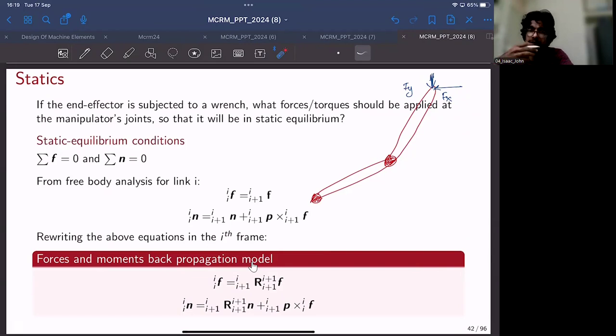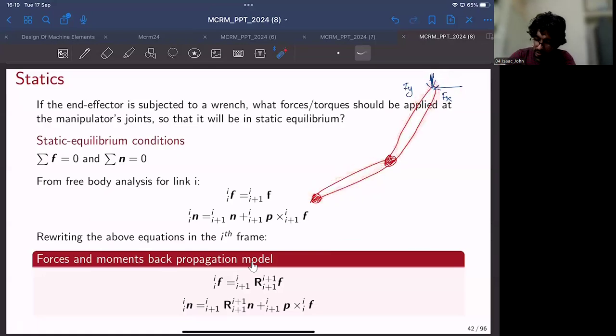And here the force propagation and the moment propagation are in the opposite direction, from the end effector frame all the way to the base frame. Because this is where you apply force, you need to successively find the forces at this joint and at this joint. Due to that, the propagation of the forces and moments will be in the opposite direction.